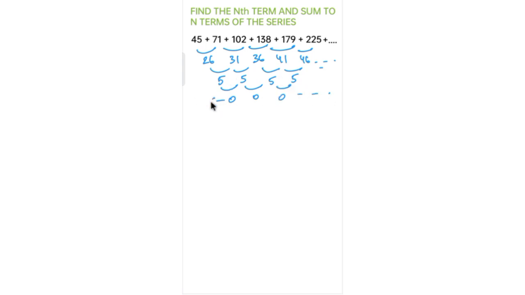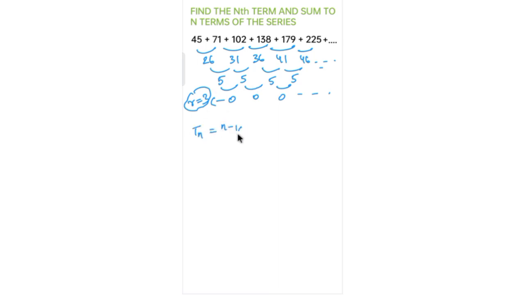So this is the third set, and let me write r is equal to 3. So my r is equal to 3, and this set is counted for the reference of r, because all the differences are 0 here. We will use this to find the value of Tn and Sn. So what's the value of Tn?